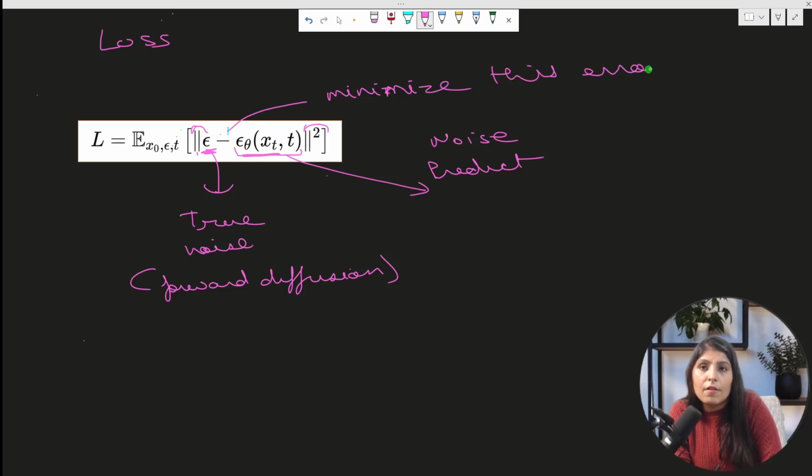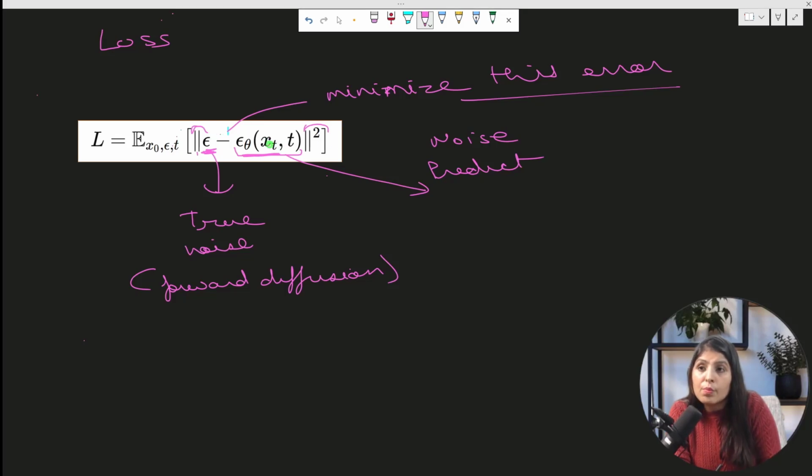Why do we want to minimize this error? If the distance between the true noise and the noise predicted by the model is small, that means our model is predicting the kind of noise which we used in the forward diffusion process.